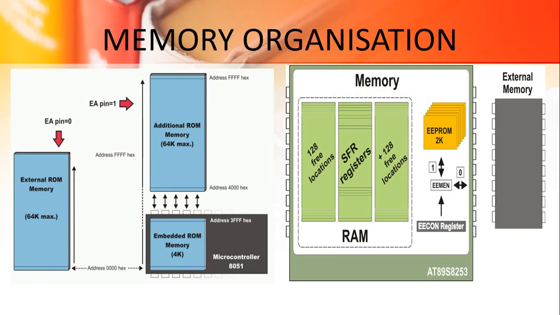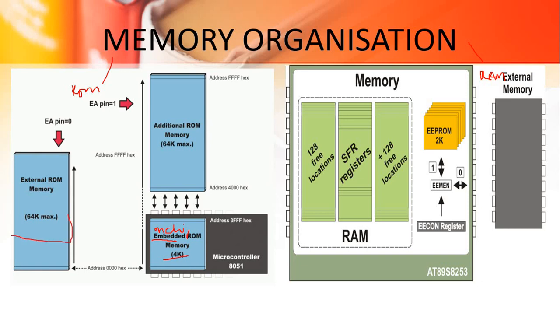In the memory organization, we have two types of memory, ROM and RAM. The embedded ROM is an on-chip ROM, meaning a memory unit in a single chip. It has a space of 4 KB.